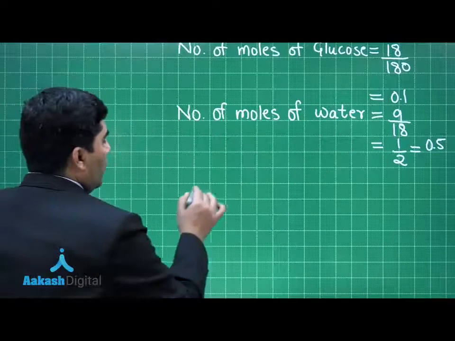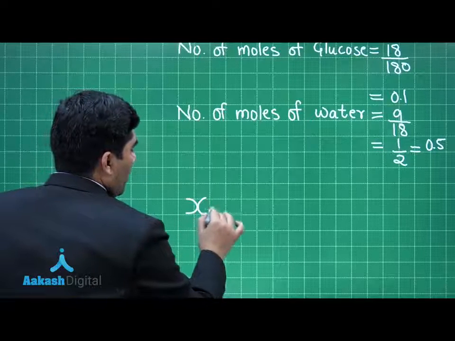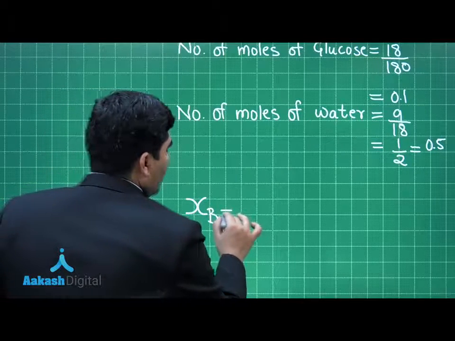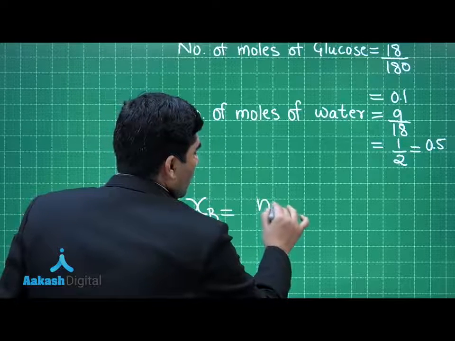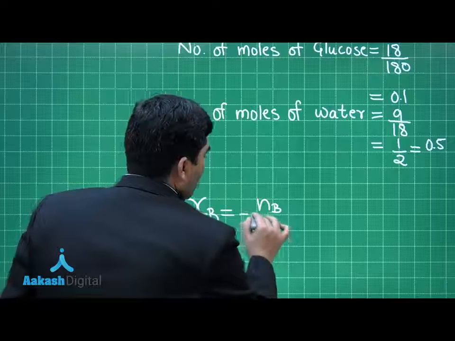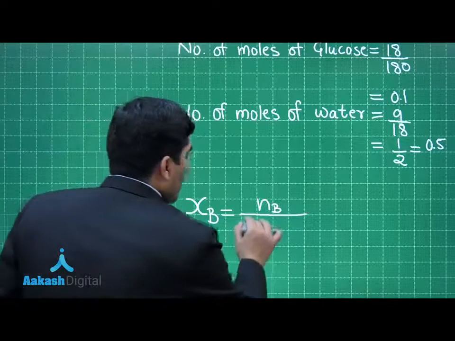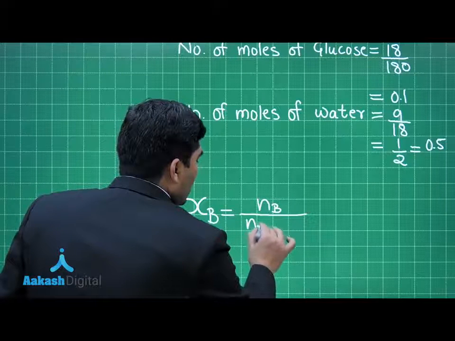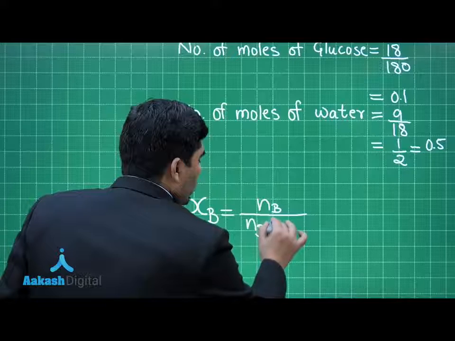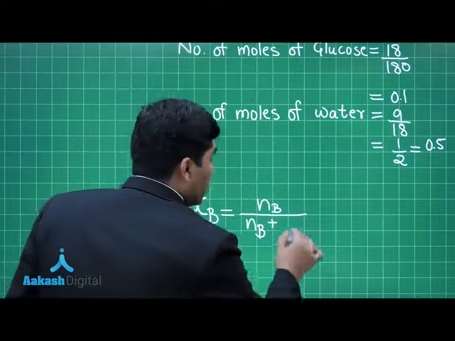We have to find the mole fraction of glucose, that is why we will find XB, which is equal to the number of moles of the solute divided by the number of moles of the solute plus the number of moles of solvent.